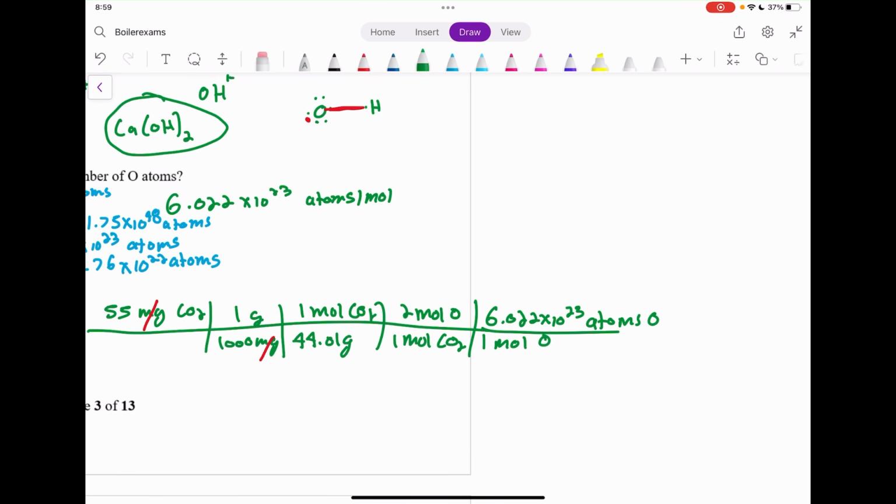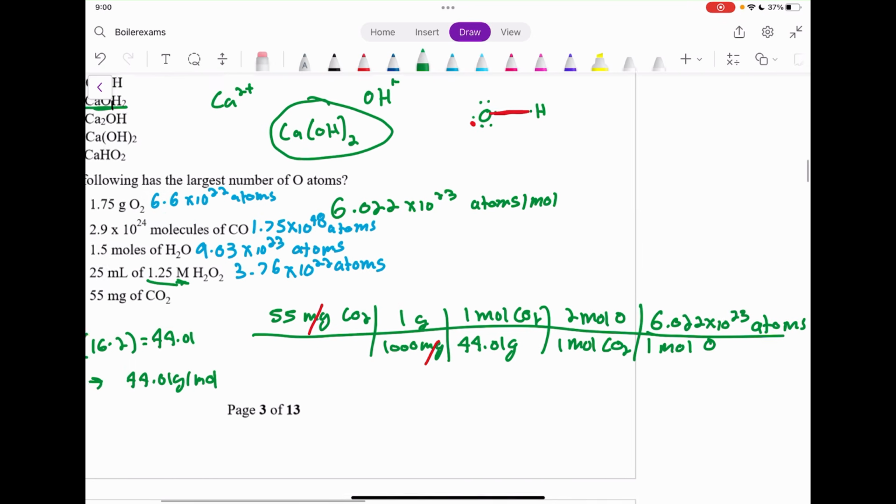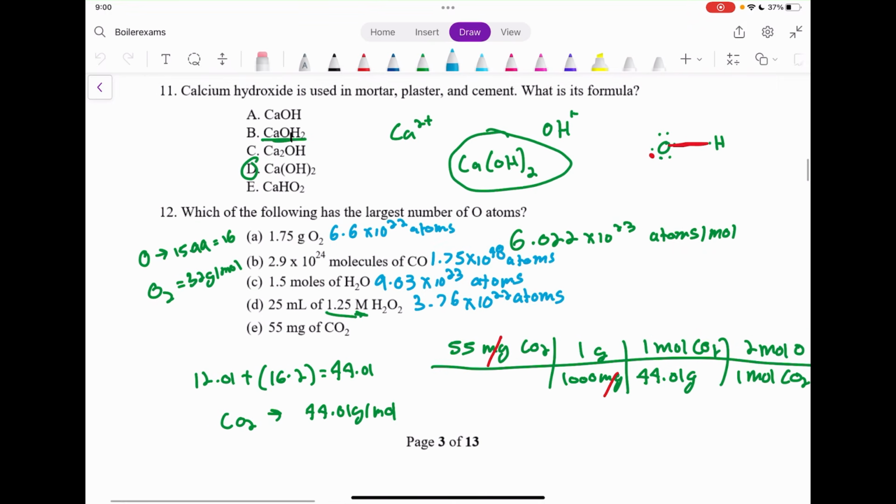Multiply the top, divide by the bottom. I got 1.5 times 10 to the 21st-ish. So if we look at our answers, this one is by far the biggest, 12B.